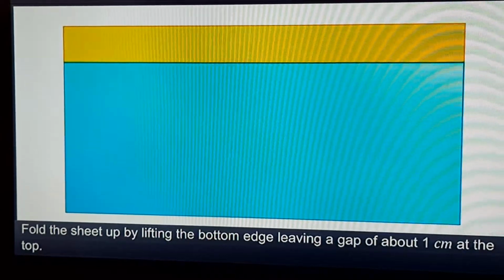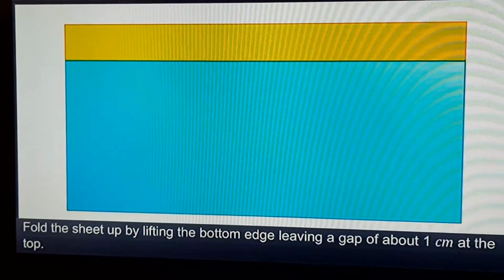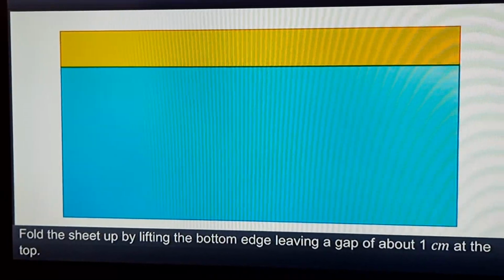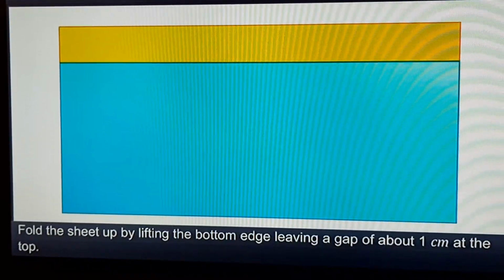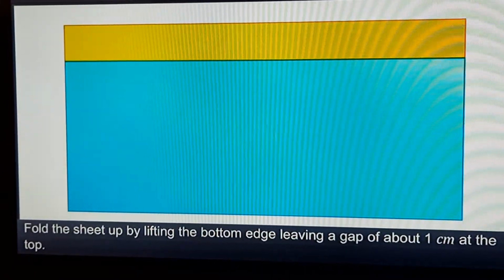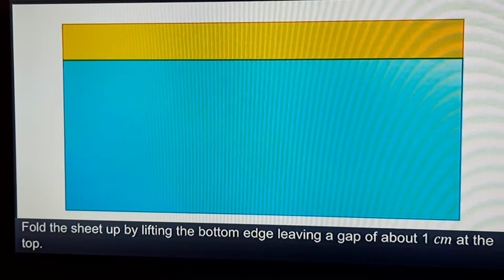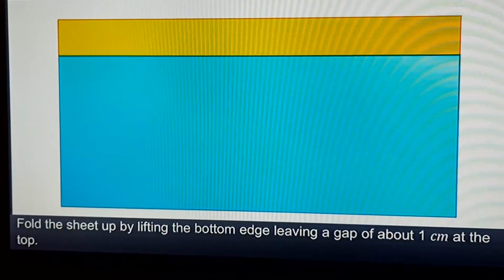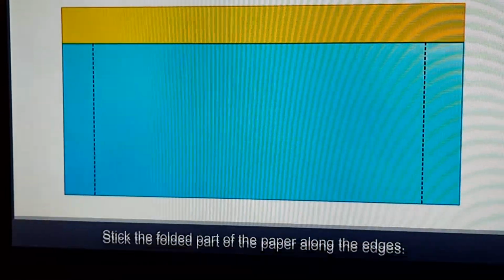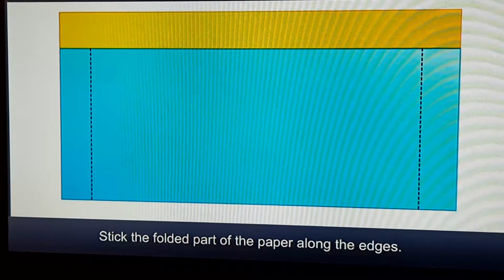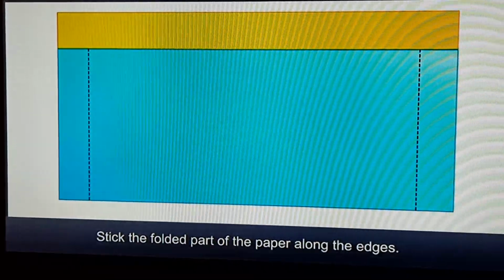Fold the sheet upward by lifting the bottom edge, leaving a gap of about 1 centimeter at the top. You will find that it is rectangle-shaped now. Stick the folded part of the paper along the edges.